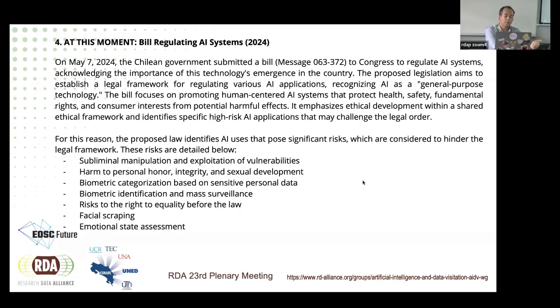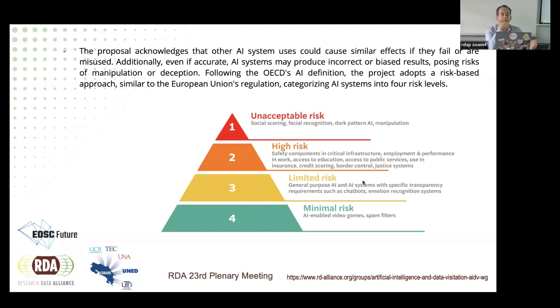Subliminal manipulation and exploitation of vulnerabilities, harm to personal honor, integrity, and sexual development, biometric categorization based on sensitive personal data, biometric identification and mass surveillance, risk to the right to equality before the law, facial scraping, and emotional state assessment. The proposal acknowledges that other AI system uses could cause similar effects if they fail or are misused.